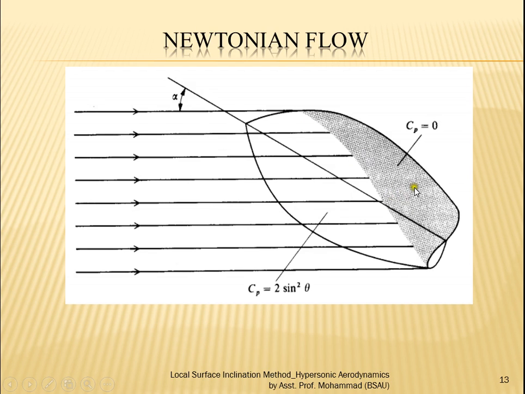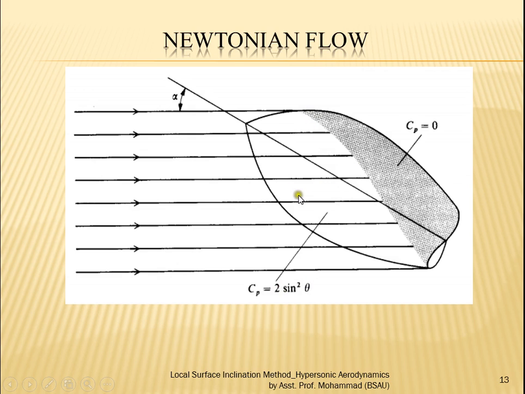The flow also wets this shaded area, but according to Newton's sine squared law, flow comes like a stream of solid particles. They come and attack the surface, and they just lose their normal momentum, and based upon that they give the pressure and the force.